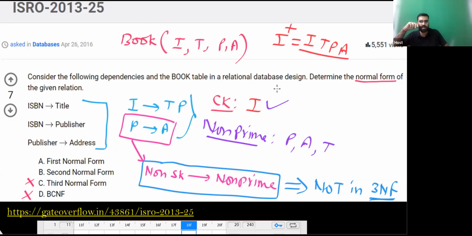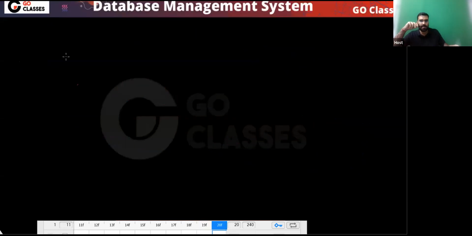This can never be possible, because you have a candidate key with a single attribute. So it is never possible that some proper subset of a candidate key can determine a non-prime attribute. What is the violation of 2NF?